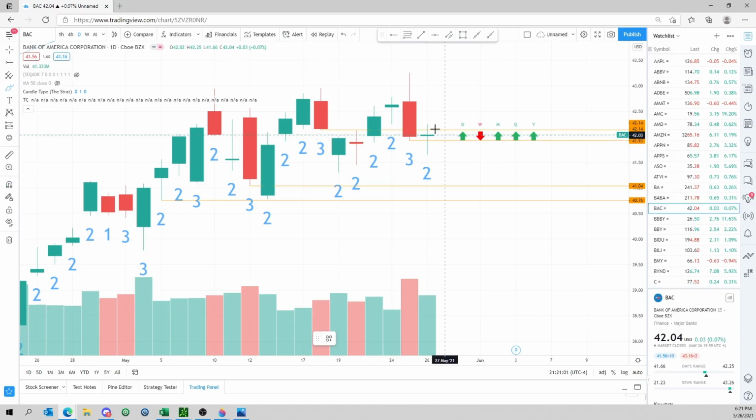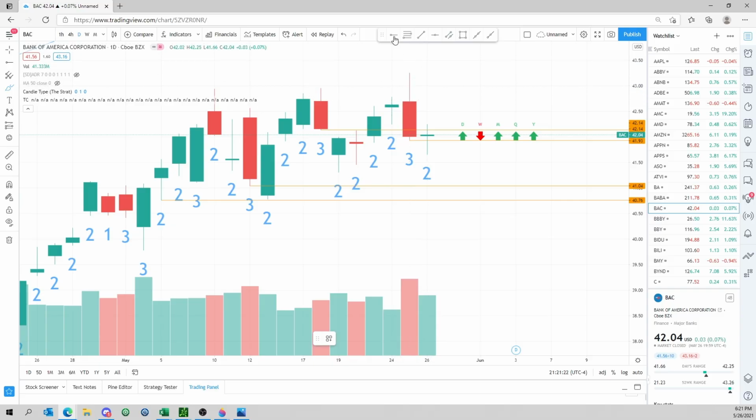Okay, so here is a 3 candle from yesterday for Bank of America. Banks got killed. So the candle opened inside the previous candle. So it started as a 1 candle. Buyers came in, pushed it up, actually made a 2 up candle.